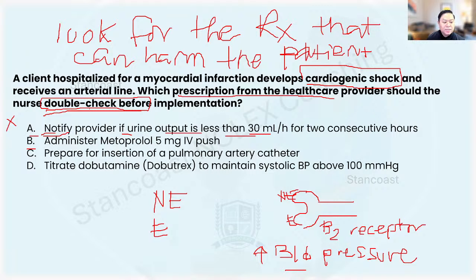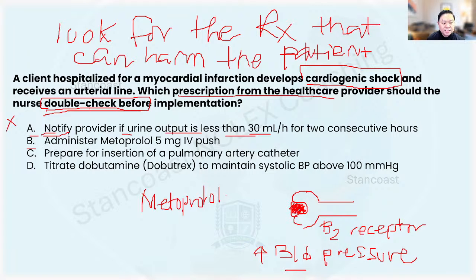However, if we are giving them the beta blocker, let me erase this partially here. If we are giving the patient the metoprolol, which is a beta blocker, this will now fit into the receptor. It will attach to the receptor.